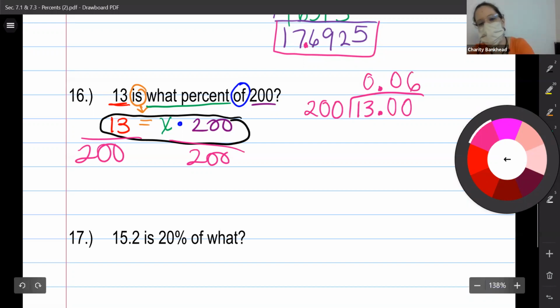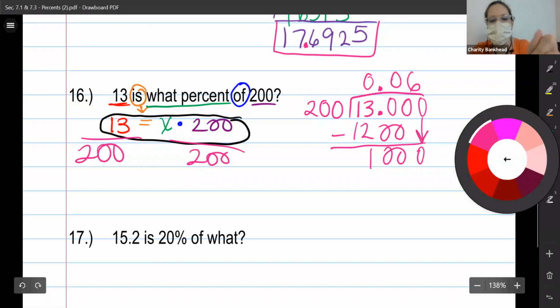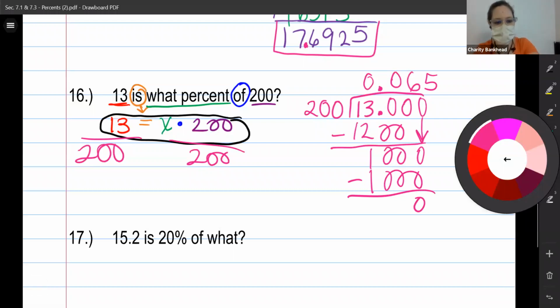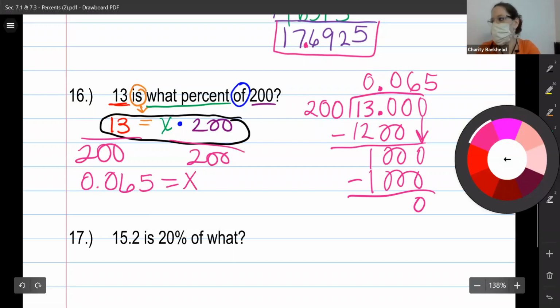So 6 times 200 equals 1200. And then 1300 minus 1200 equals 100. And then put another 0 and bring it down. So 2 would go into 10 5 times. 5 times 200 is 1000. And then so that gives me 0.065 equals X. And we want to write that as a percent. So it's 6.5%.